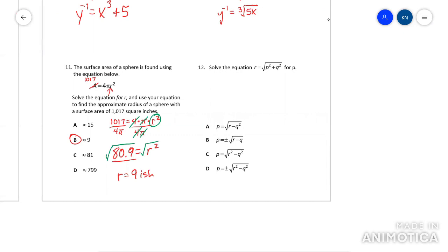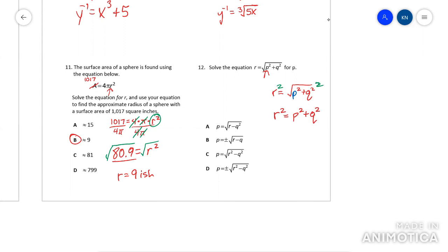Solve the equation r equals root p squared plus q squared, and you're solving it for p. All right, so what this is going to look like is you have r equals root p squared plus q squared, and you want only p, okay? So to get there, cancel the root first with a square. So now you have r squared equals p squared plus q squared.